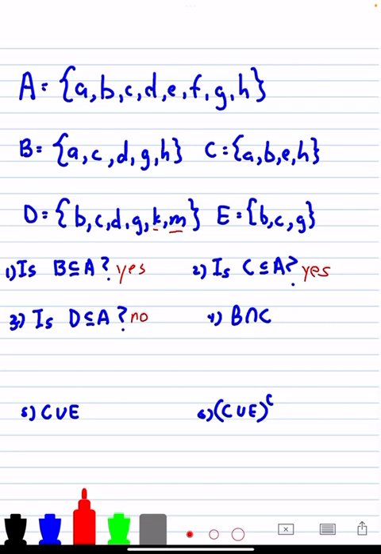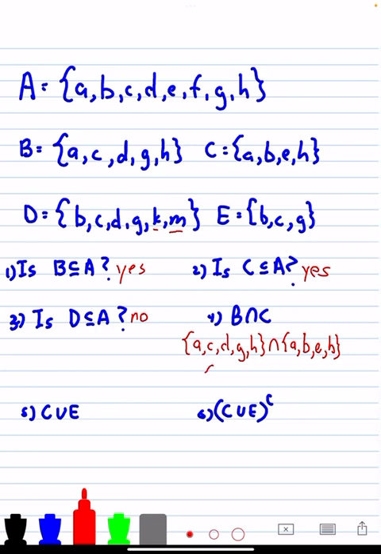Now next, when we see this sign that looks like an upside down U, that means the intersection. So this basically says, what do they have in common? So I'm going to break this one down. So first with B, we have A, C, D, G, and H. And with C, we have A, B, E, and H. And our question is, what do they have in common?